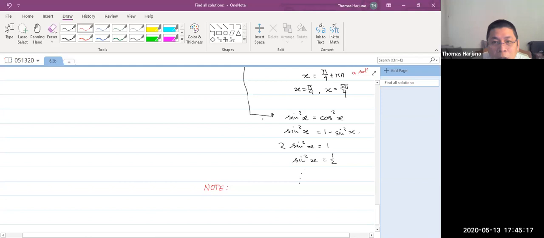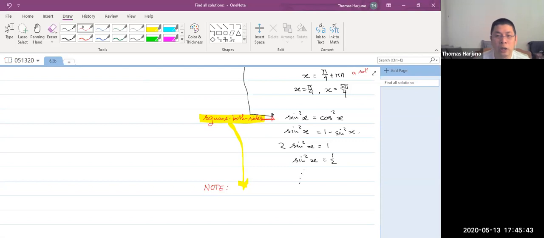Notice that in this step here, we square both sides. Because we square both sides, whatever answer we get, if there's any step in between of you solving an equation where you square both sides, then you need to check your solution.